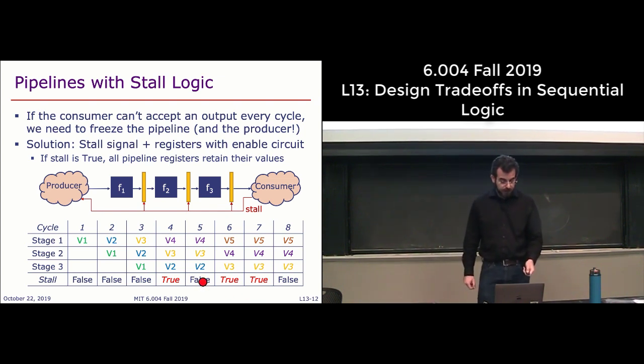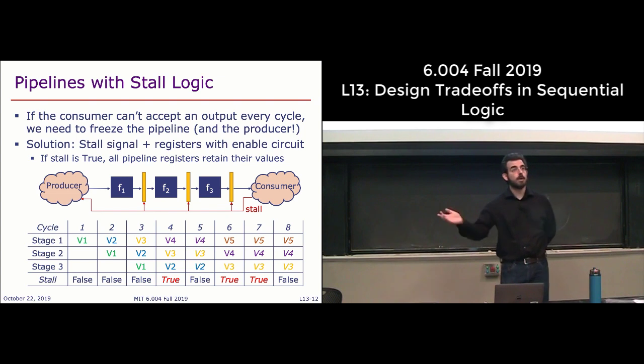Then, in this cycle, let's say the consumer sets stall to false, so now the pipeline keeps making progress. So every cycle that stall is true, on the following cycle you can see that there's no progress being made in the whole pipeline. We freeze the pipeline and we don't let values propagate through it. Okay, any questions so far?